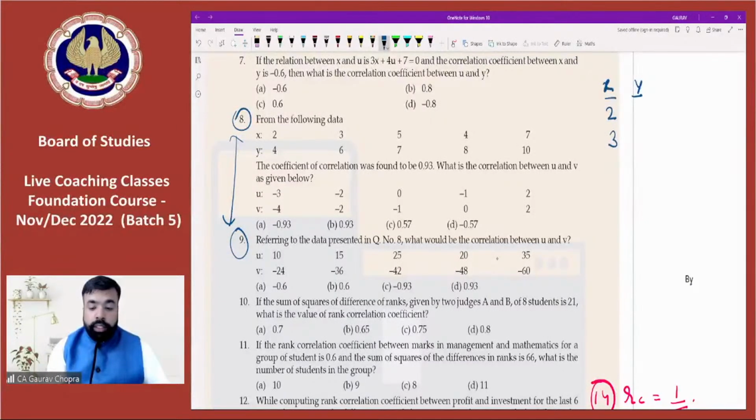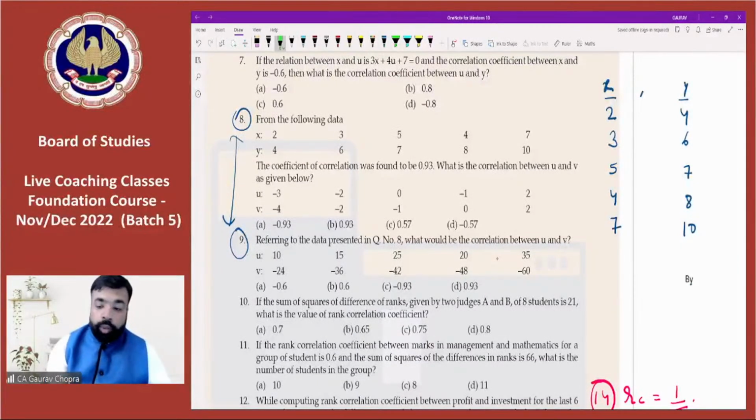X: 2, 3, 5, 4, 7. And series Y we can write here: 4, 6, 7, 8, and 10. Now we can write series U and series V.